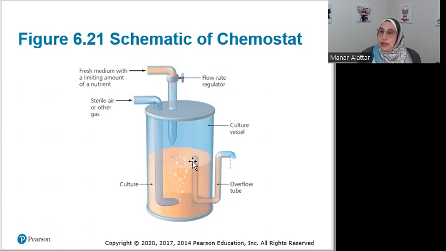And so that usually looks like a liquid broth that has a continuous introduction of new media. So as the nutrients in that media get depleted, that media is released, and then new media is added, and the organisms can continue to grow over long periods of time.